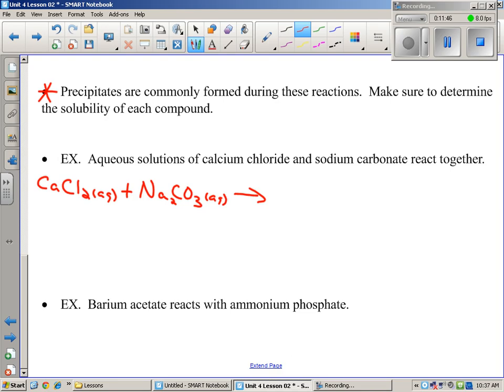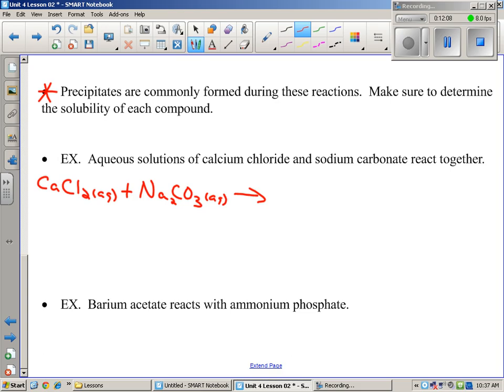Okay. What do you get? Well, remember, it's not actually just straightforward. We did this in Unit 3, all the different ions that are produced from this, right? We get calcium ions and chloride ions floating around. We get sodium ions and carbonate ions floating around, and opposites attract.